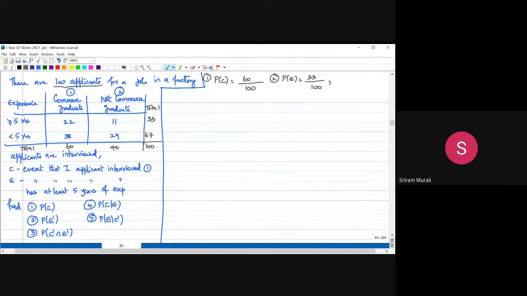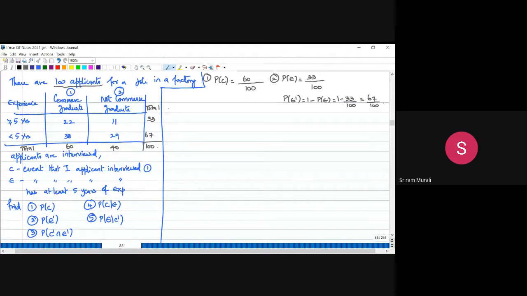So P of E bar is equal to 1 minus P of E, so it is 67 by 100. Otherwise, we can directly take this 67 by 100, nothing wrong.